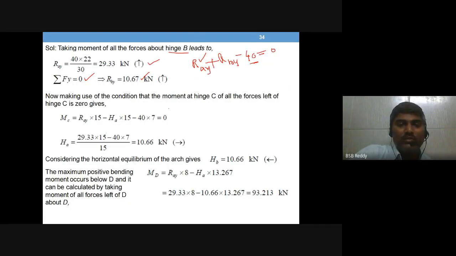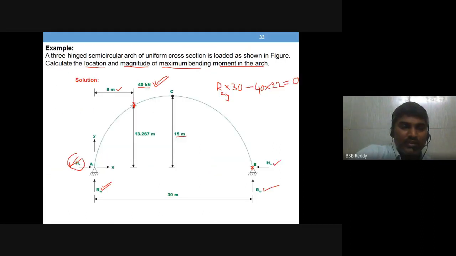So to get bending moment at the chosen point, what else do you need? You need HA value, right? Then only you are able to write bending moment at this chosen point under the load, that means maximum bending moment for this problem.